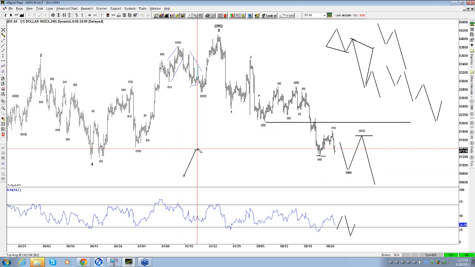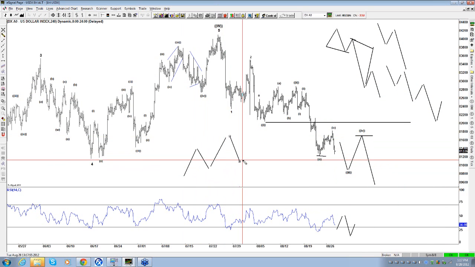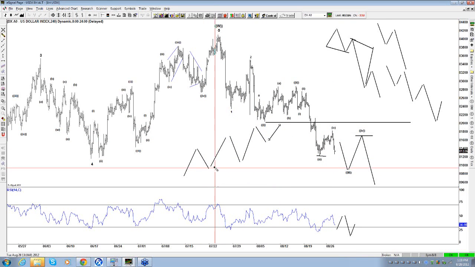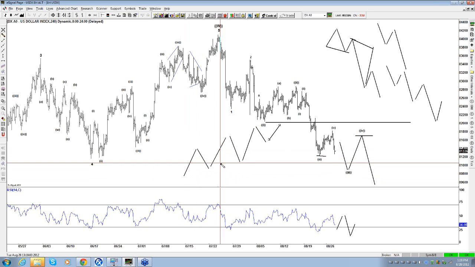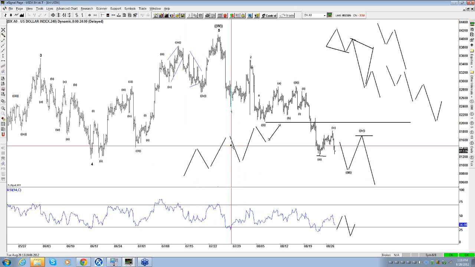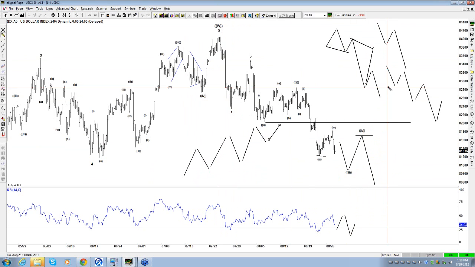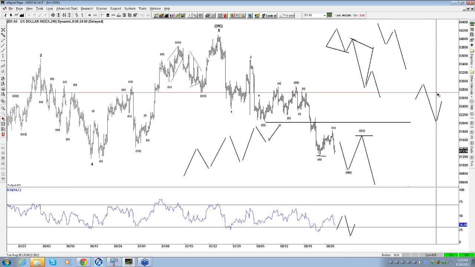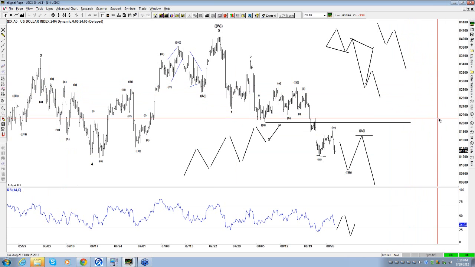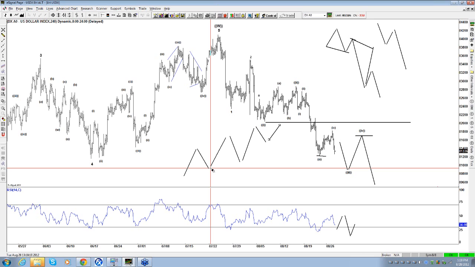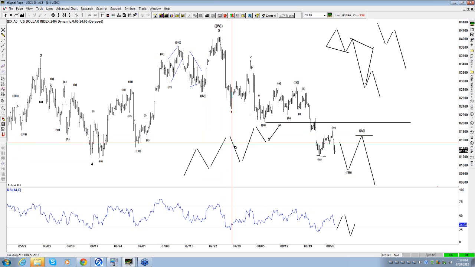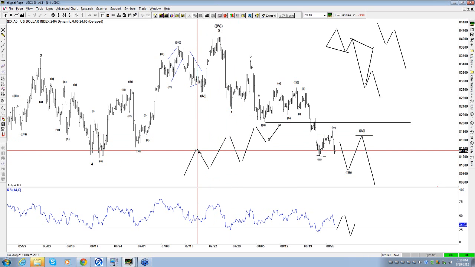In an ABC or double zigzag, this is the 50 of this one, and then the difference between the impulse and an ABC is that in an impulse we got extension between this low and this high, and this one overlaps, while here we do not overlap with this one.